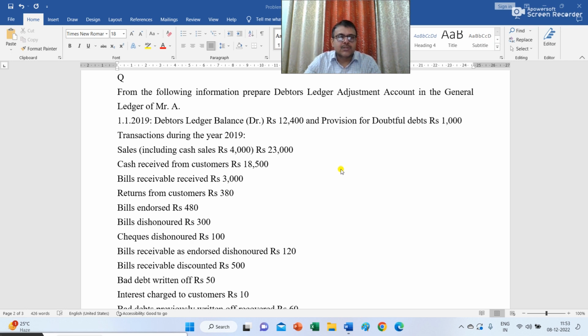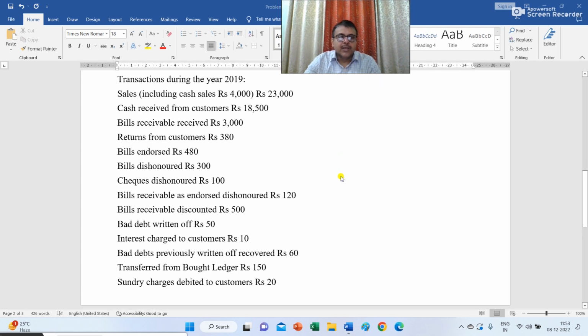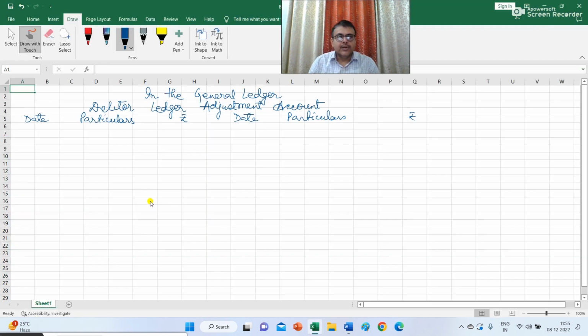Returns from customer rupees 380, bills endorsed rupees 480, bills dishonored rupees 300, checks dishonored rupees 100, bills receivable as endorsed dishonored rupees 120, bills receivable discounted rupees 500, bad debt written off rupees 50, interest charged to customer rupees 10, bad debt previously written off recovered rupees 60, transferred from bought ledger rupees 150, sundry charges debited to customers rupees 20. Here I have prepared the debtors ledger adjustment account as would appear in the general ledger.